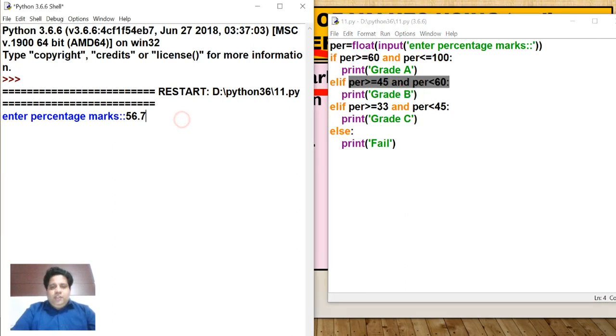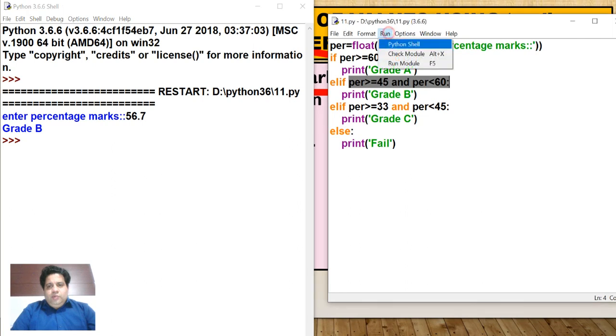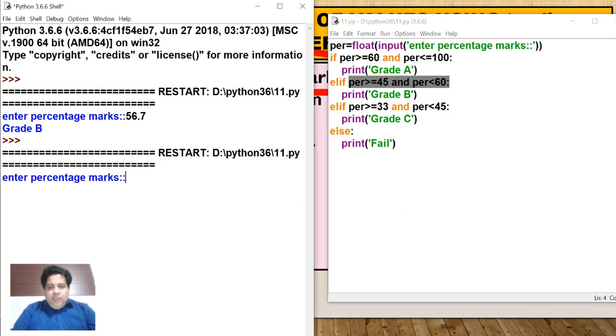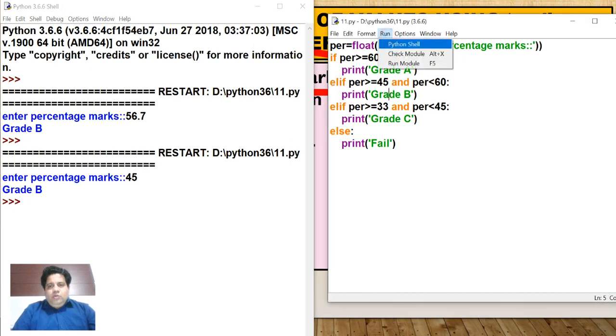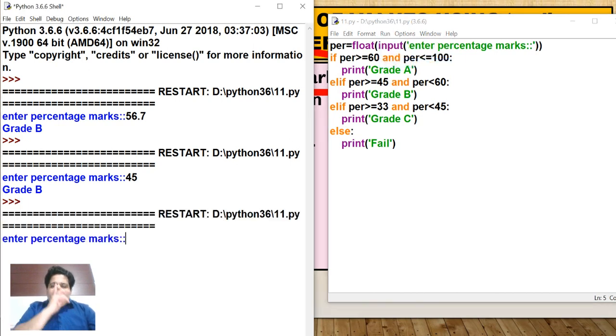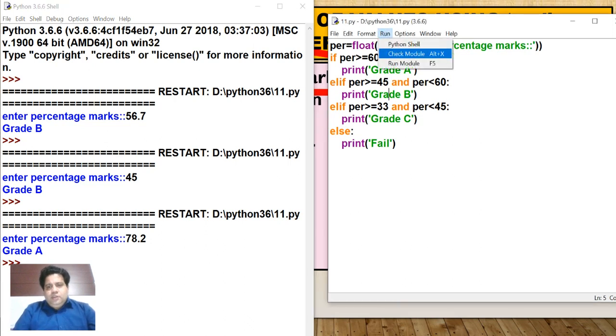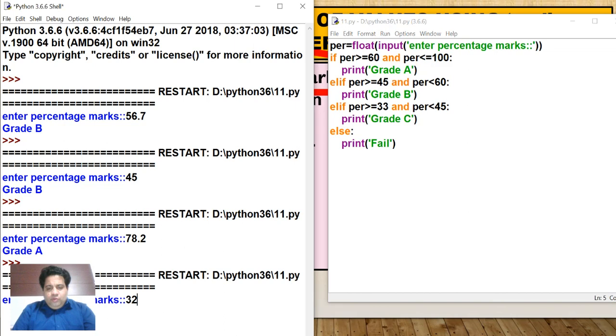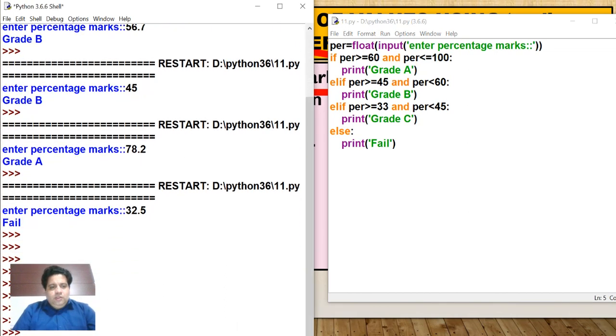Yes, so it will print grade B. Again run the program. Suppose I give 45. Now which limit will 45 fall in? The second limit, greater than or equal to 45, so it means grade B. So you have to check the limits also, lower and upper. Enter percentage marks 78.2, grade A. Again enter 32.5. Now see, fail.